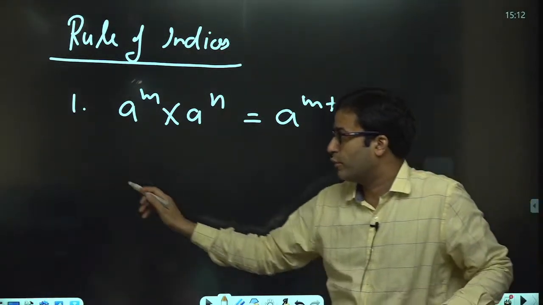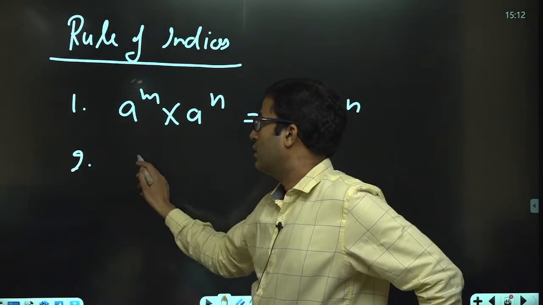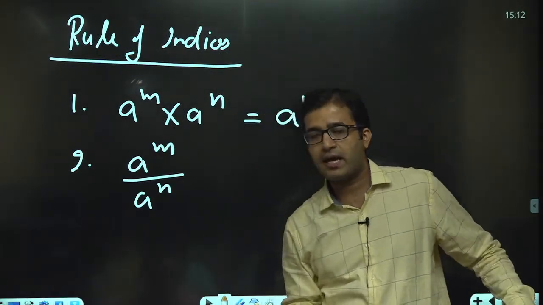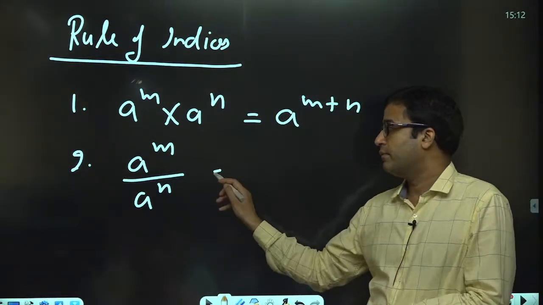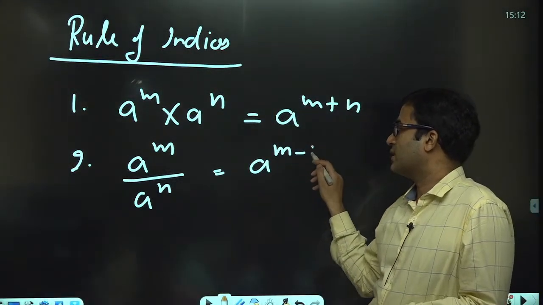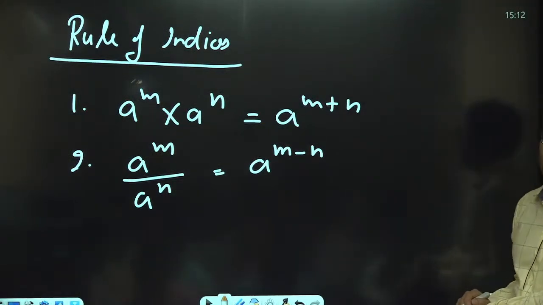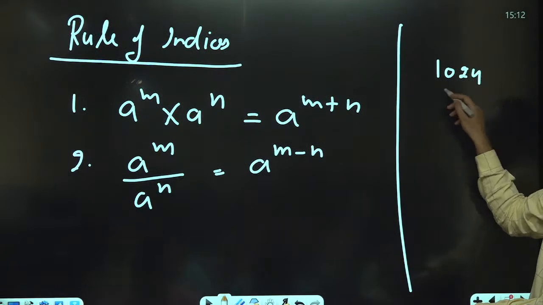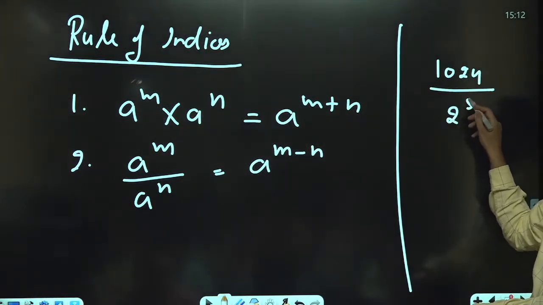Next, second rule. A is to power m upon a is to power n. It will be a is to power m minus n. Tell me what is 1024 divided by 2 is to power 5.